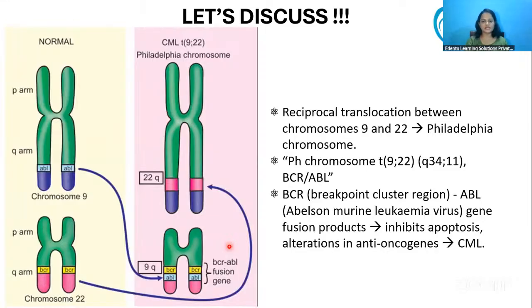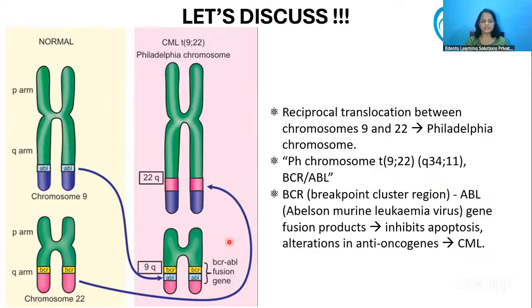In the Philadelphia chromosome, what you will mainly see is a 9 and 22 translocation, so remember this. Because of this BCR-ABL fusion gene, BCR-ABL fusion proteins will be formed.